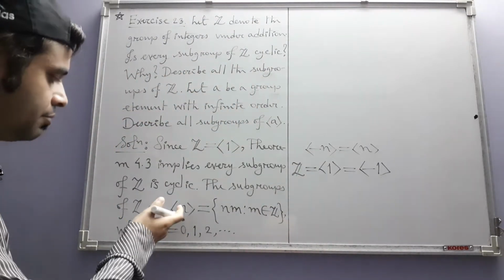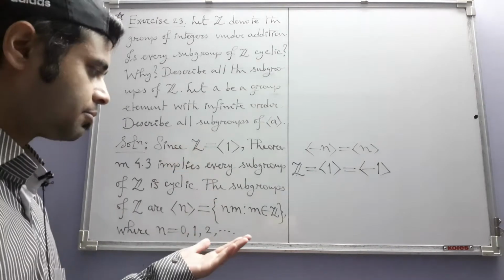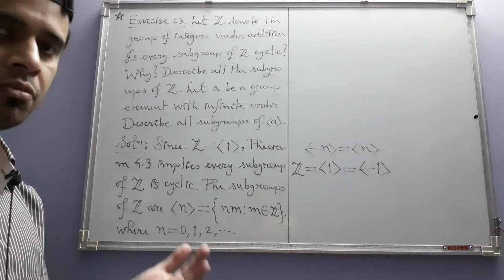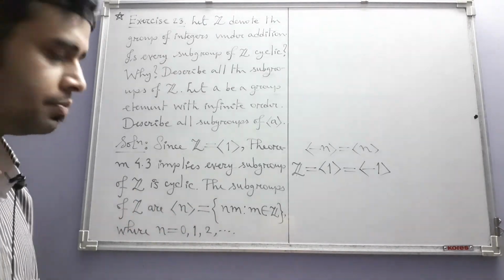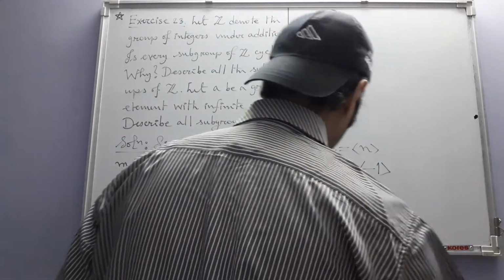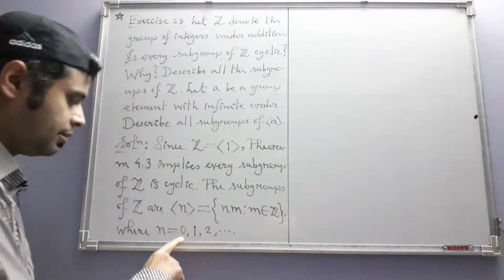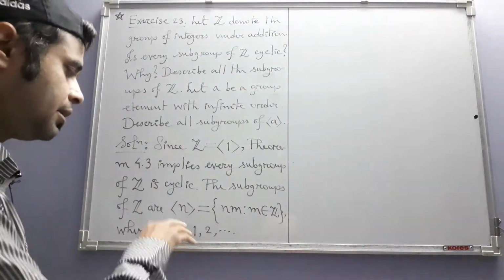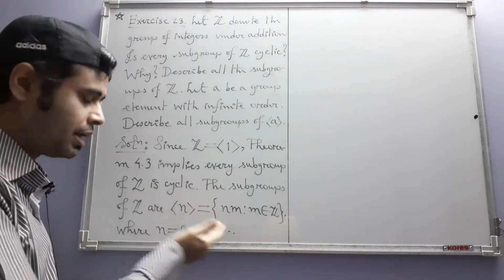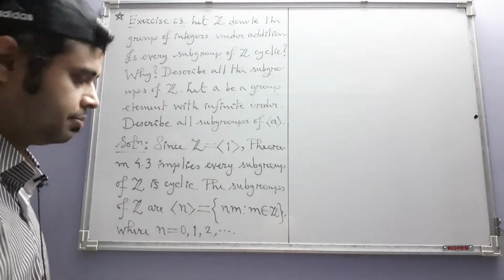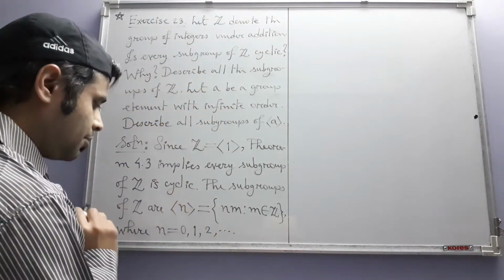Like that, for every integer n, the cyclic subgroup generated by n and the one generated by -n in this group are the same. So there is no need to consider negative values of n here. We won't get anything new, only the ones we already have. So these are all the subgroups of the additive group of integers.